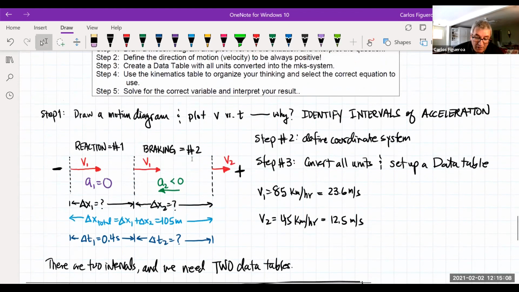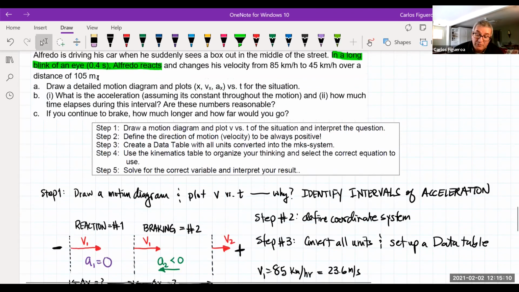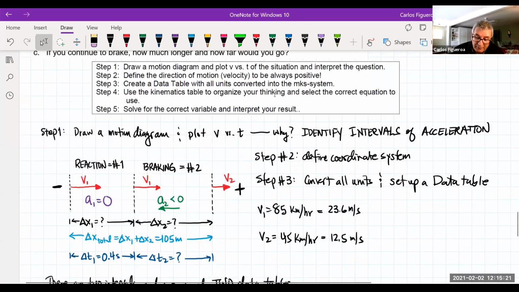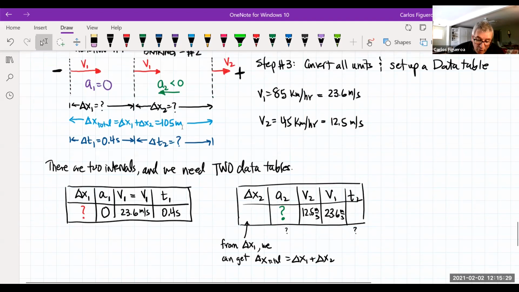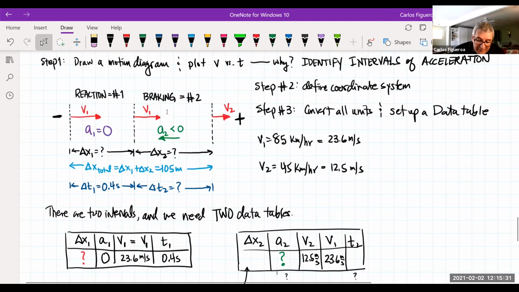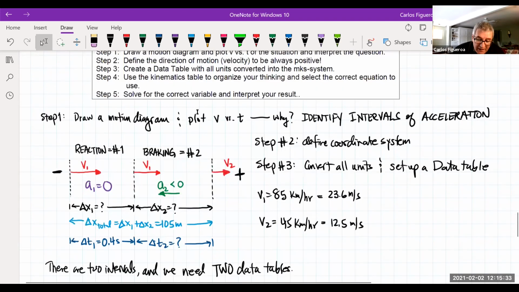So now I'm going to go back up and read the question. I've set up the problem here and it says, B, what is the acceleration for this interval here? So look what the question is saying. Look at this interval. What is the thing that we're missing that is not given in this problem?